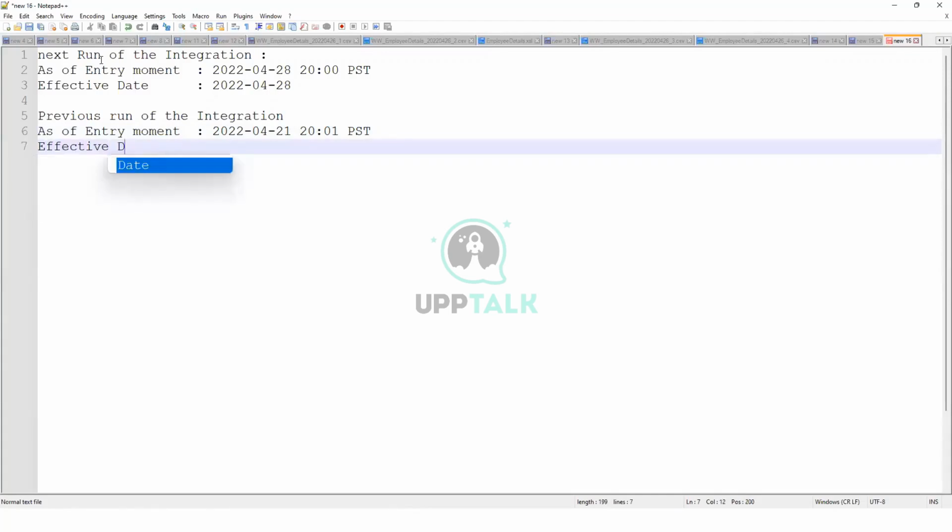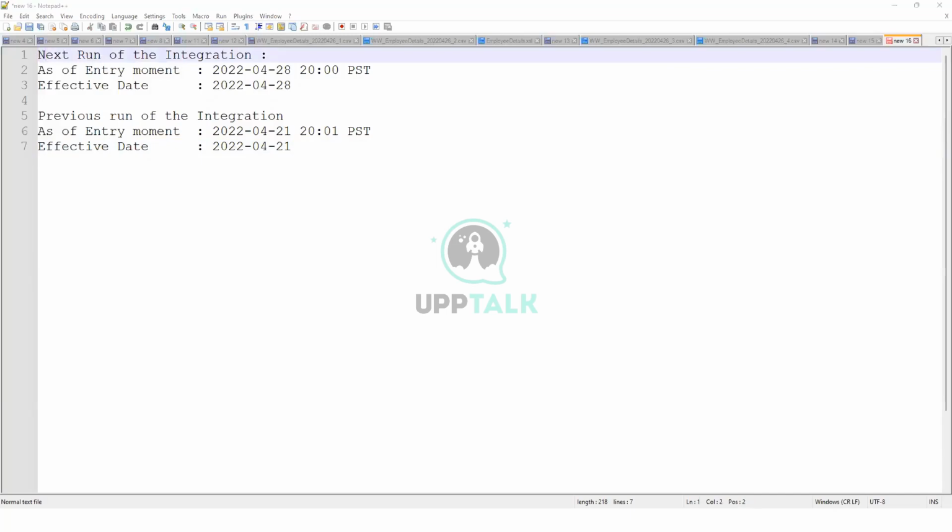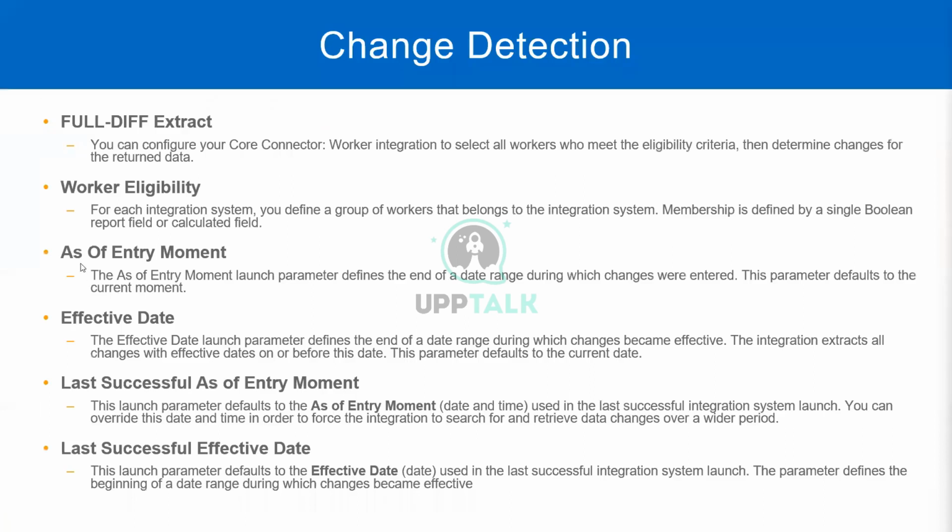And the effective date the last time the integration ran was also 2022-04-21. So, for the next run of the integration, what are the 4 parameters that we are looking for? We are looking at as of entry moment, effective date, last successful as of entry moment, and last successful effective date.